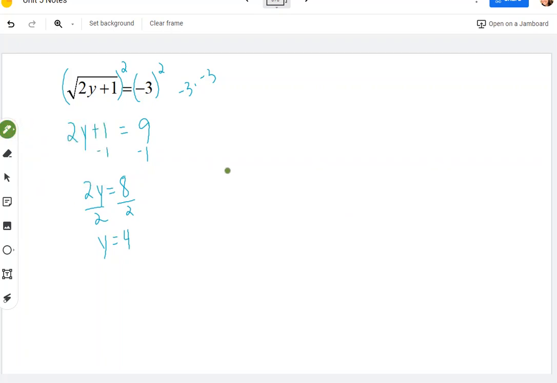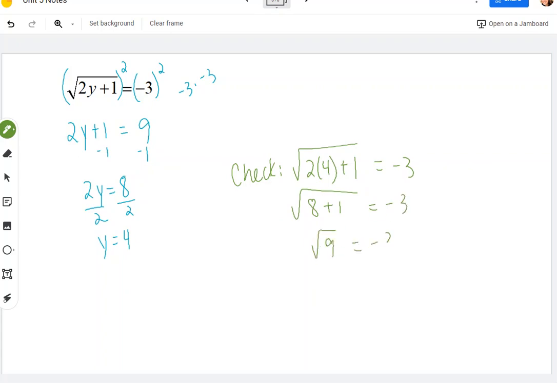So now I can check my answer. Plugging in 4 for y. So I would get 8 plus 1, which is 9, and the square root of 9 is 3. Uh-oh, this is a problem because it's not the same.